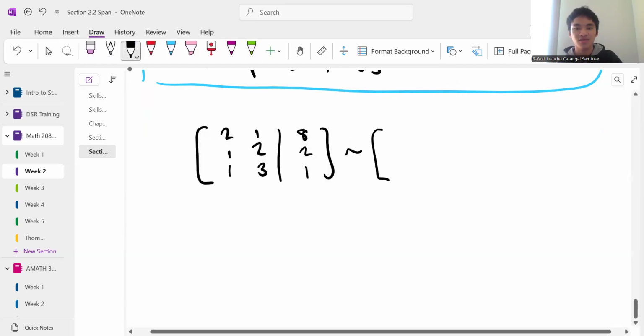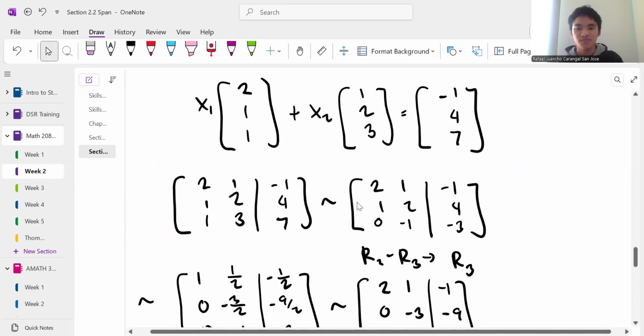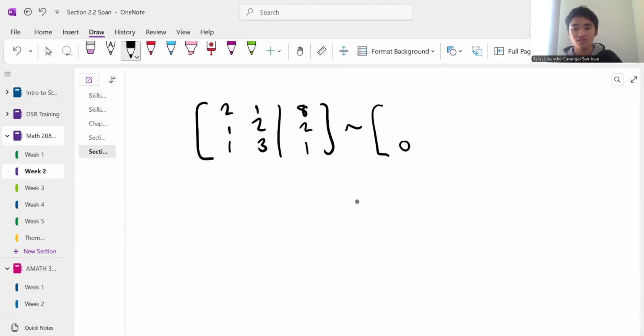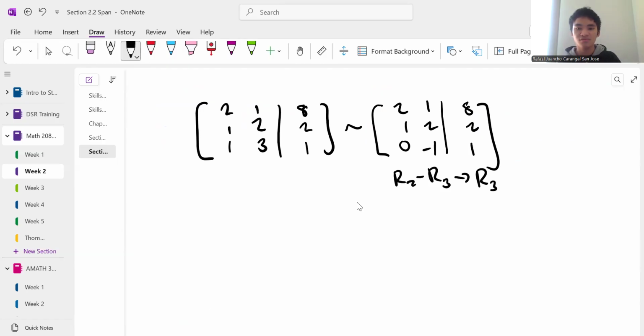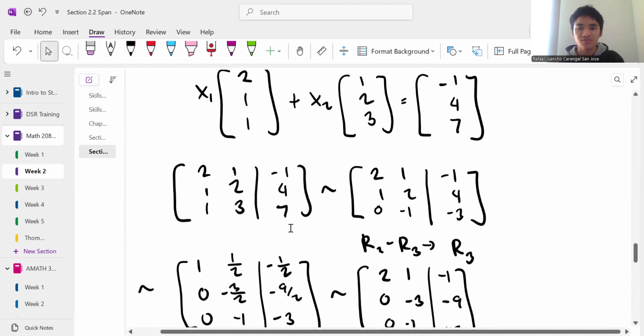Let's keep doing Gaussian. Actually, we can do the same thing. So we do, what do we do? R2 minus R3. So this stays. R2 minus R3, we put that in R3. 1 minus 1, 0. 2 minus 3, negative 1. 2 minus 1, 1. Right? Okay. And then keep going. What was my next step?